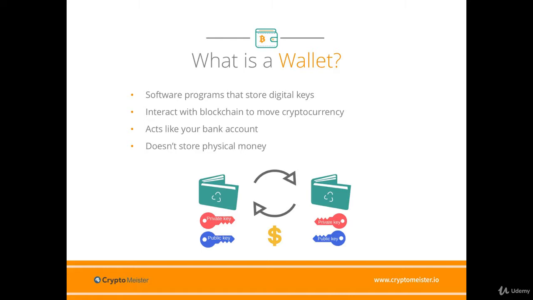To start trading in cryptocurrencies, the first thing that you will need is a wallet. Wallets are software programs that store keys, both public and private. Wallets interact with various blockchains to allow users to send and receive cryptocurrencies and to check their balances. So you could think of your wallet as your bank account. Keep in mind that a wallet doesn't store any physical coins.